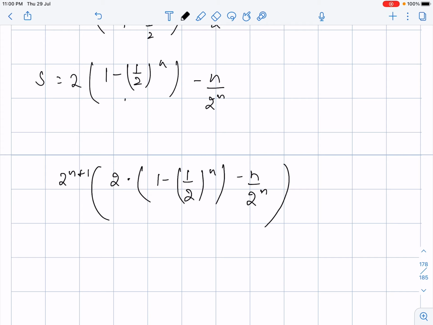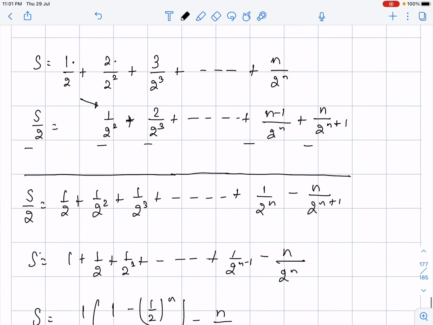So it becomes 2^(n+2) as the very first thing, minus 2^(n+2) divided by 2^n, that is 2², then minus n/2^n multiplied by 2^(n+1), that means 2n.